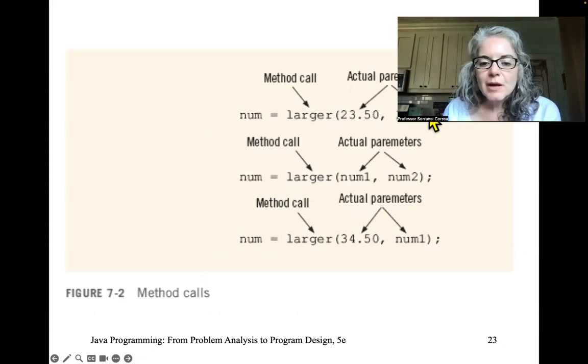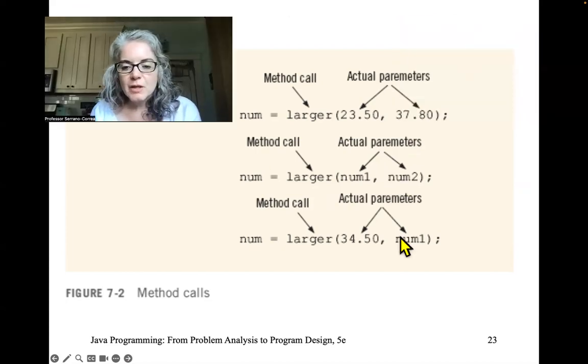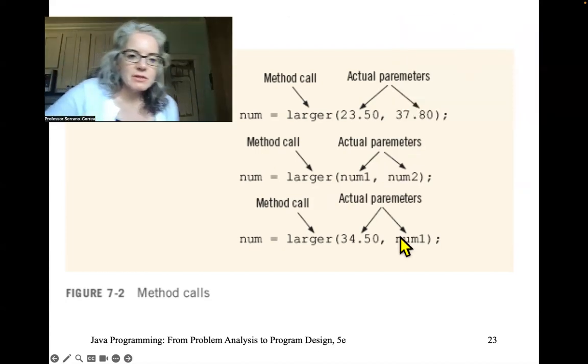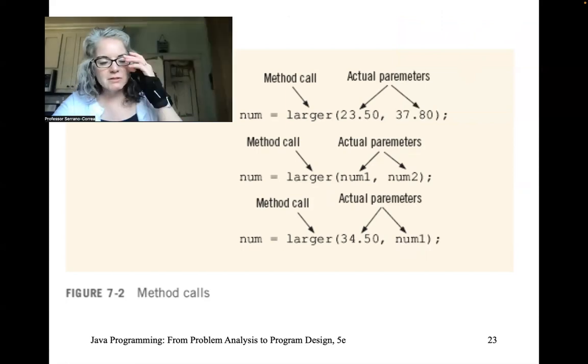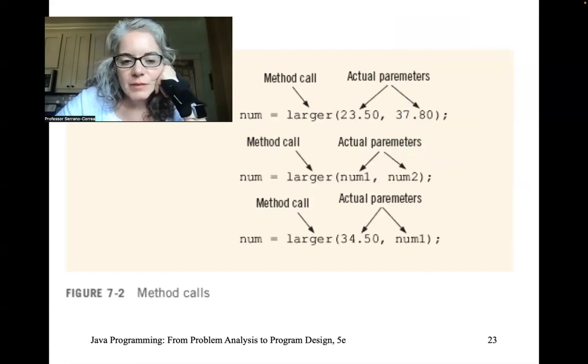These are the actual parameters. Method call, actual parameters. So you could pass it two numbers, you could pass it two variables, or you could pass it a number and a variable. Just that you pass it what it's expecting. If it's expecting integers, pass it integers. If you define it as double and you pass it in integers, okay. If it's expecting strings, then you pass it strings.